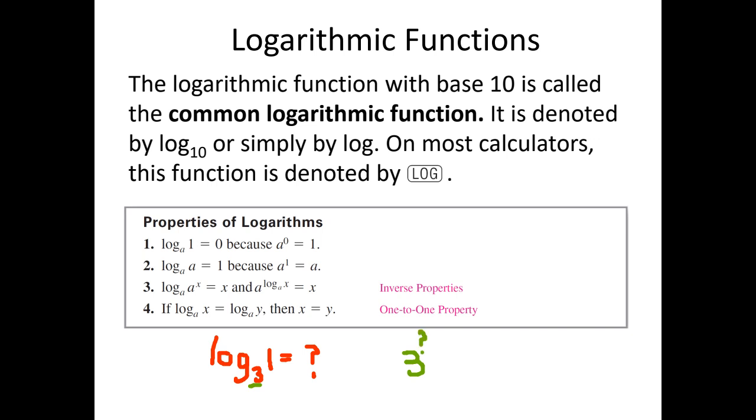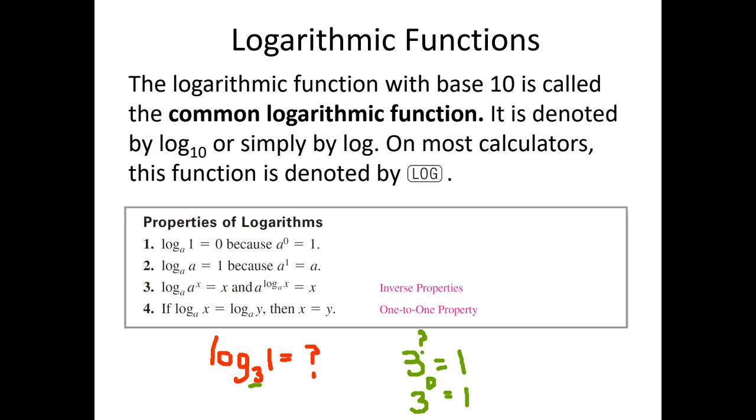If we ask ourselves what that question mark has to be in order for me to get a 1, the only choice I have is the power of 0, because anything raised to the 0 would be a 1. So anytime you see this, our answer is going to be 0 because of that reason.